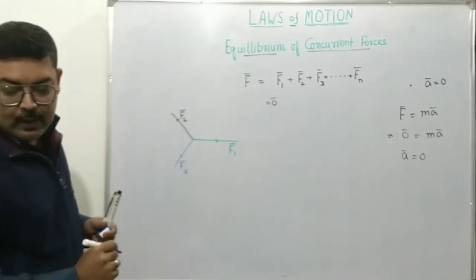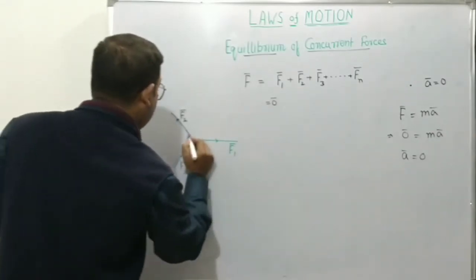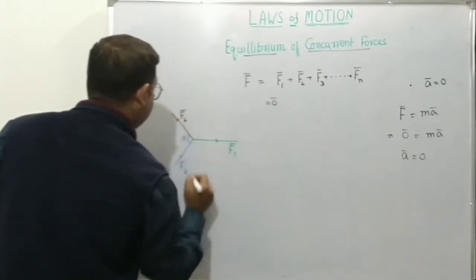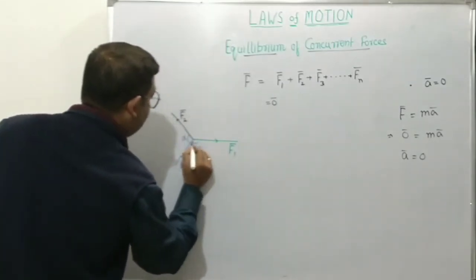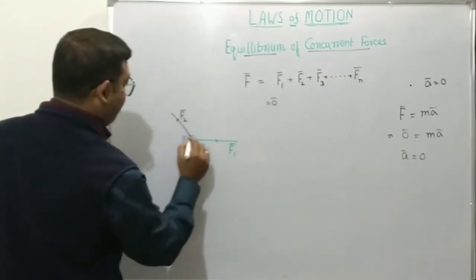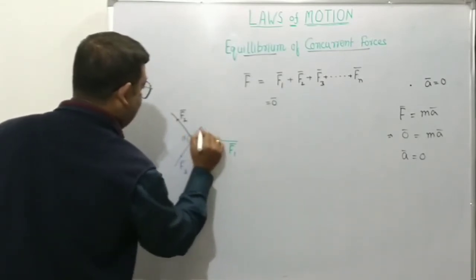The angle between F2 and F3 is say alpha. The angle between F1 and F3 say is beta, and the angle between F2 and F1 is say gamma.